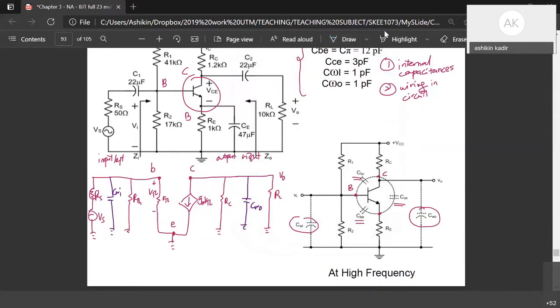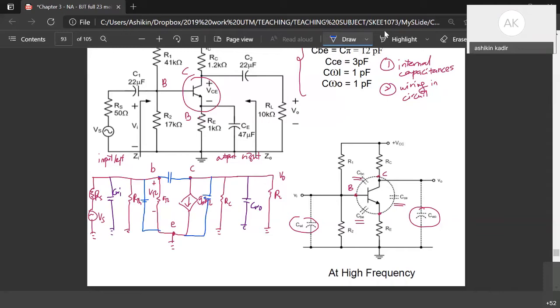So you have wiring capacitance caused by the wiring at the input and at the output. And then you need to draw the capacitance between the junctions of your BJT. So CBC, you have a capacitor over here. And then CBE, you have a capacitor as well. And also from C to E, there is another capacitor.